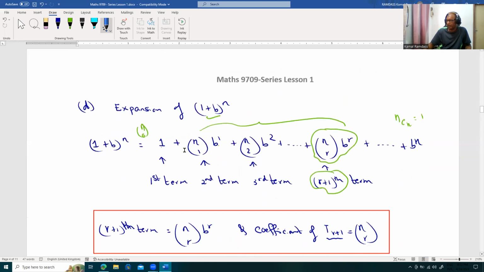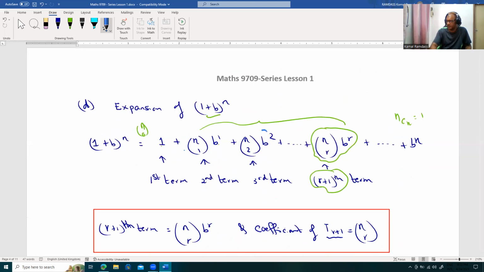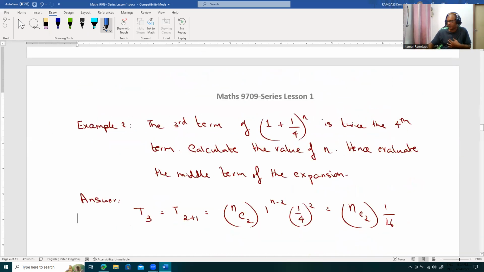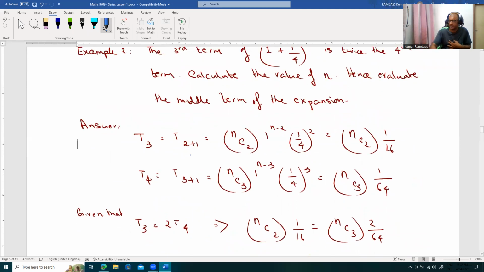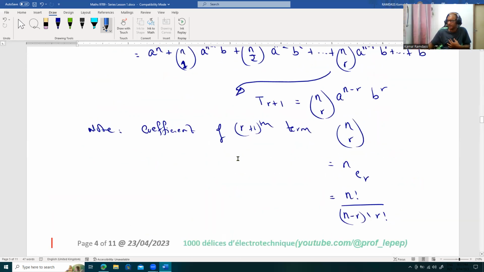We have the formula: T(r+1) is the (r+1)th term, and the coefficient of the (r+1)th term is nCr.